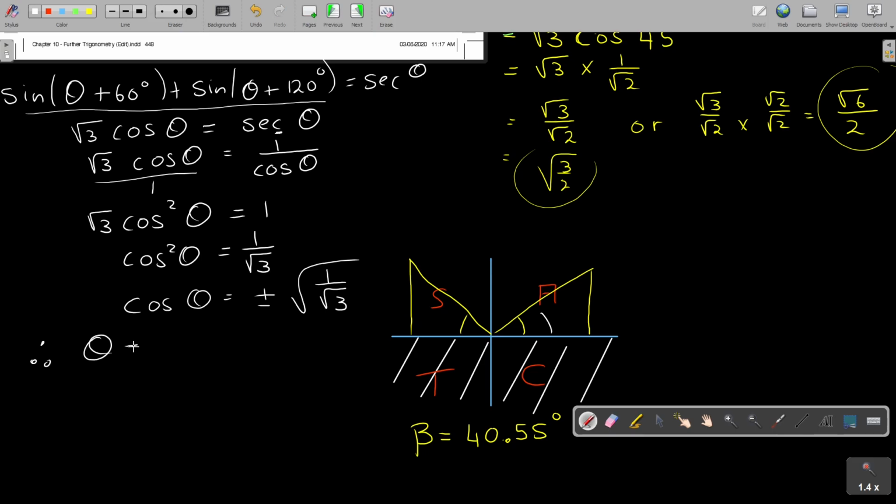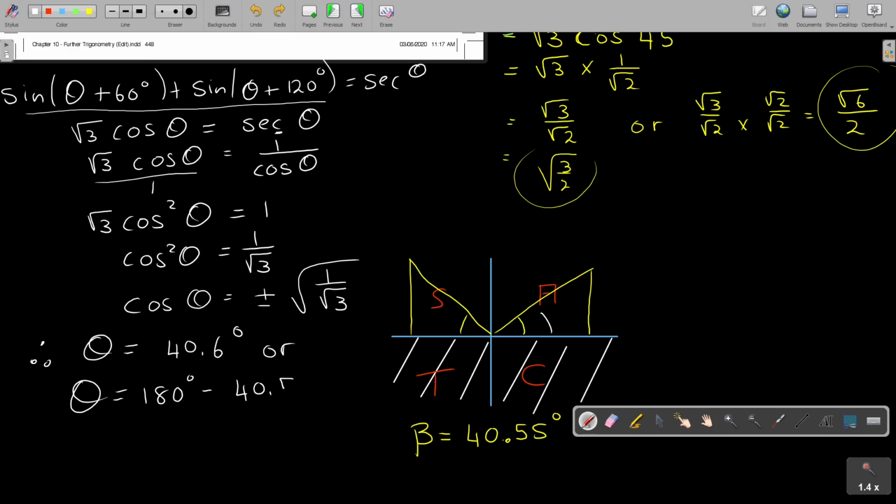So theta is going to be 40.6, or theta is going to be 180 minus 40.6. So 180 minus 40.6, and that is going to be 139.4. No, sorry, I want to correct it.